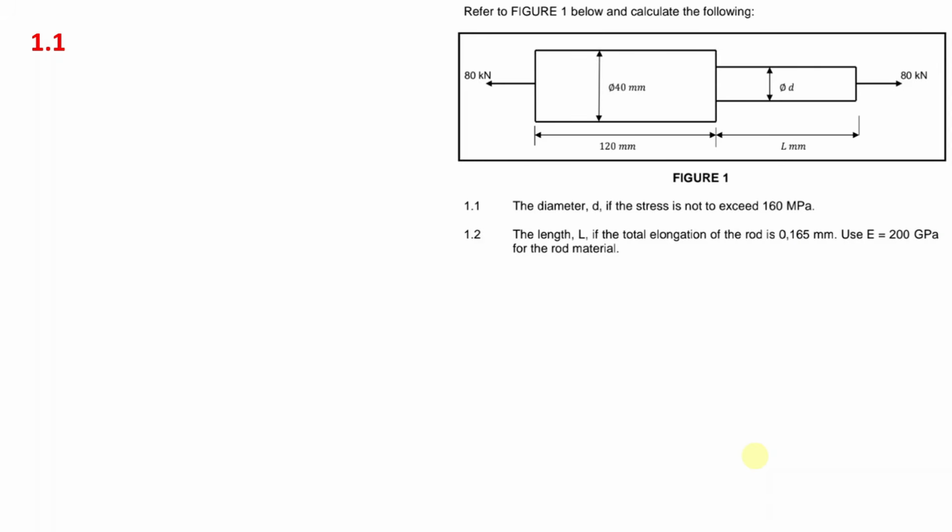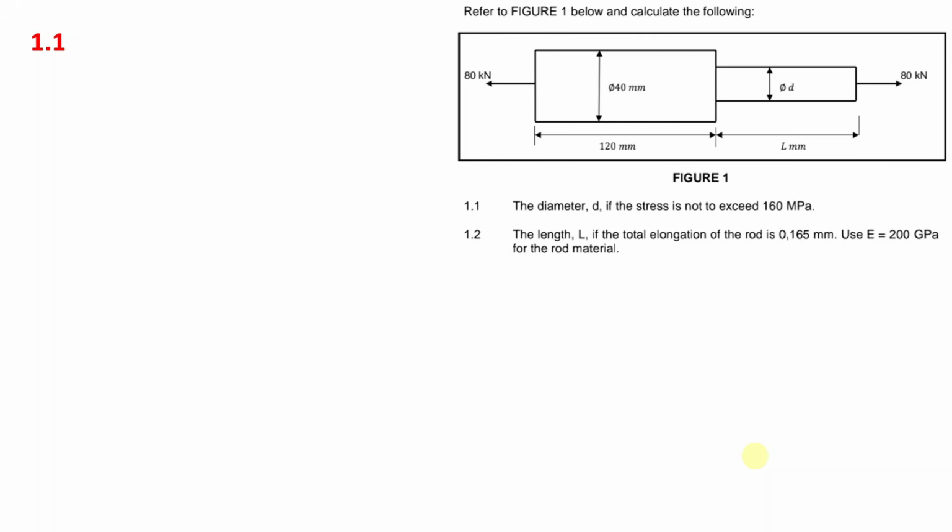And so for question 1.1, you need to find the diameter D if the stress is not to exceed 160 megapascals. The fact that they told you the stress is not to exceed 160 megapascals means that the maximum stress that the object can carry is 160 megapascals.